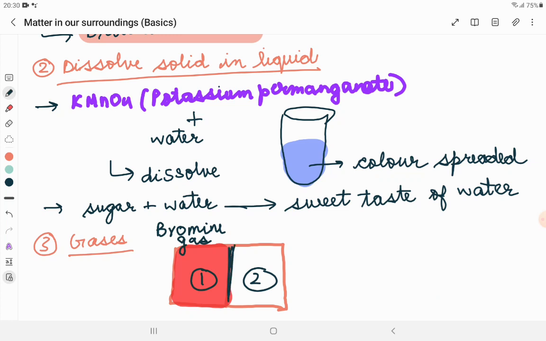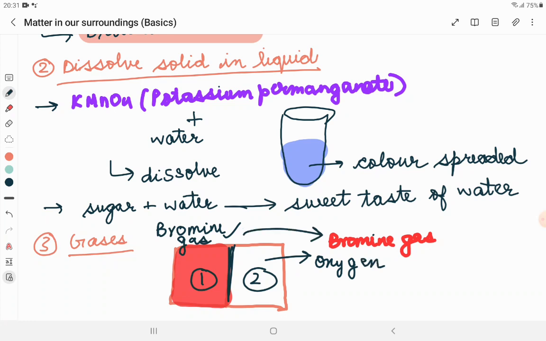Chamber number 1 we filled with bromine gas and chamber number 2 is normal. This red color shows that bromine gas is red in color, and here we have oxygen, and this is the bromine gas here.